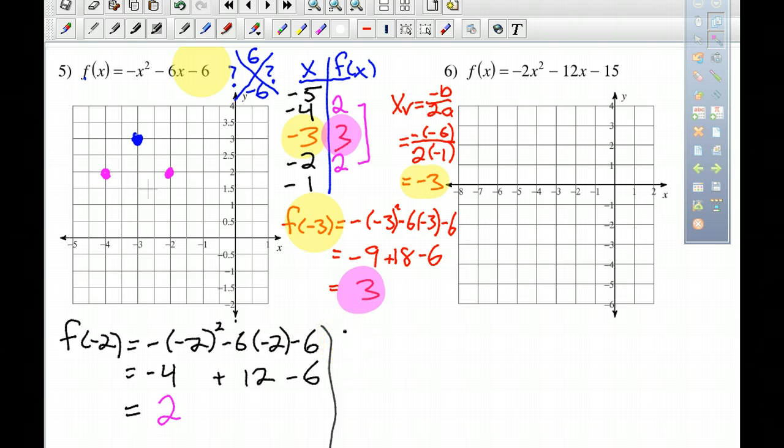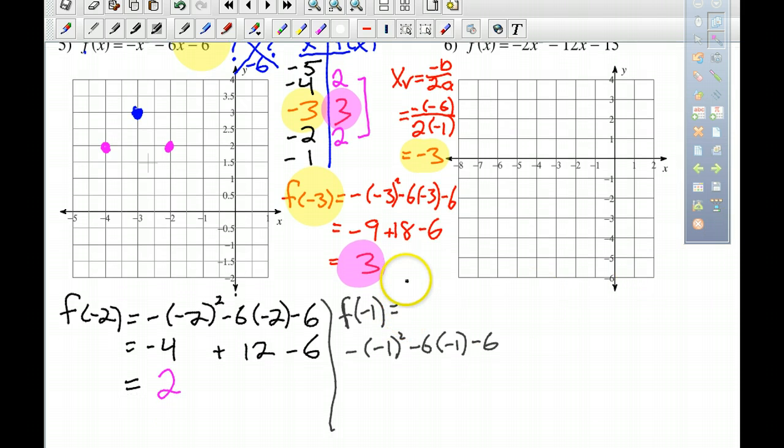One more time. Let's do f of negative 1 or f of negative 5. Negative 1 squared, negative 6 times negative 1, minus 6. I got an answer of negative 1.